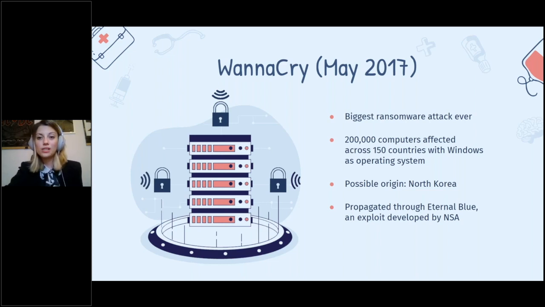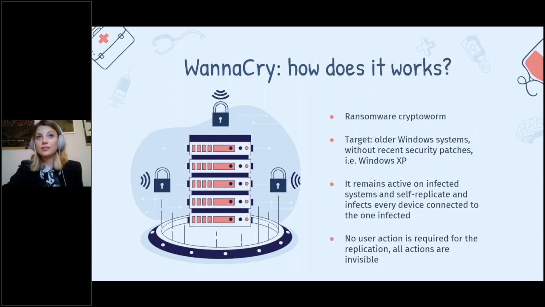The malware left hospitals and GPs unable to access patient data, with many doctors resorting to pen and paper. Also, hospitals were cancelling operations, and ambulances were diverted from hospitals in some areas. And how does WannaCry work?